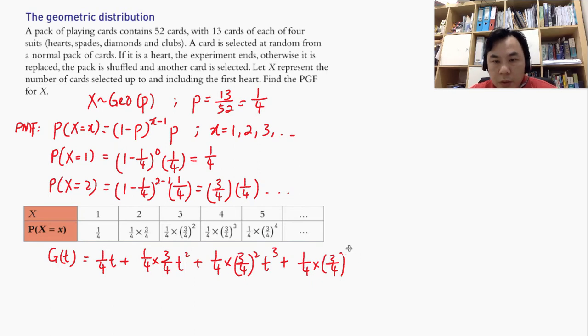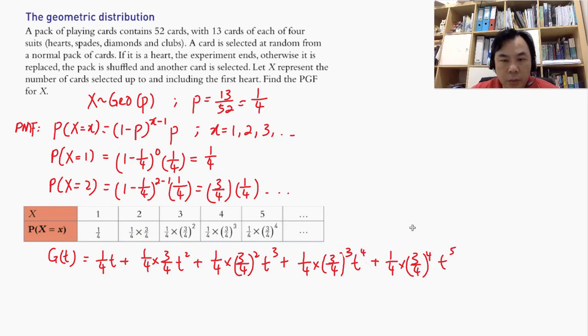Okay, so there's a 3/4 raised to the power of 3, t to the power of 4, and 1/4 multiplied by 3/4 raised to the power of 4, t to the power of 5 there. Right, and then there you have it. This is our probability generating function that is extracted from the frequency table itself.